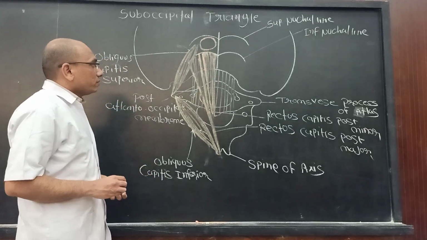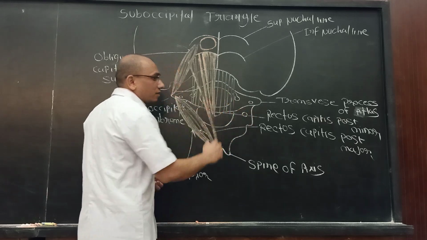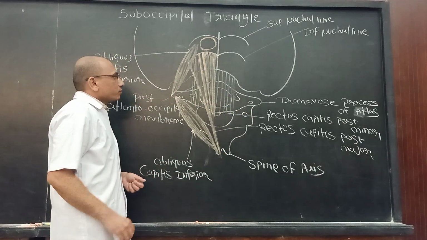Roof of the triangle, it is formed by two muscles. I am drawing on the right side the roof of the triangle.